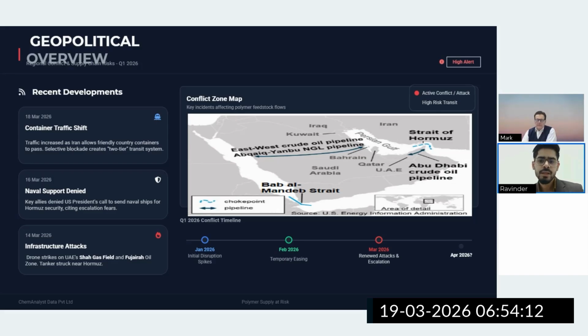And via this pipeline, they can manage 5 to 6 million barrels a day of crude oil that they have been doing. They have started rerouting the crude oil supplies from here, which can pass through here and reach the destination, that is Asia in most cases. So if this choke point gets closed, then that will be another disaster for the global polymer market.